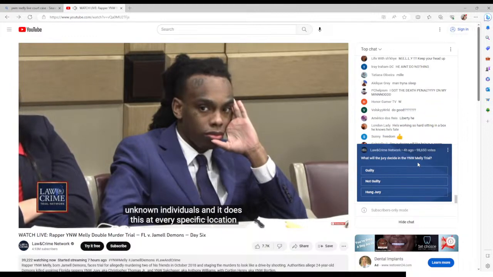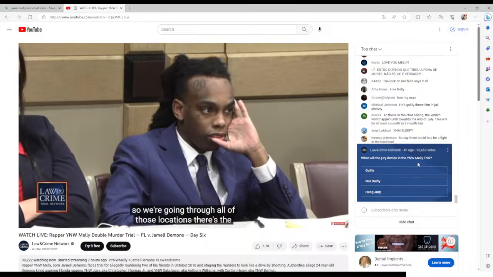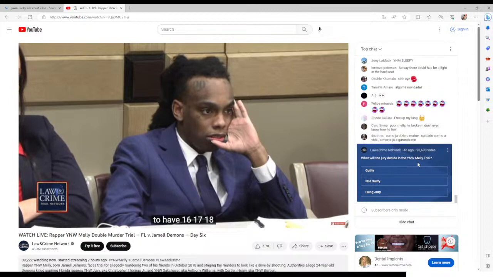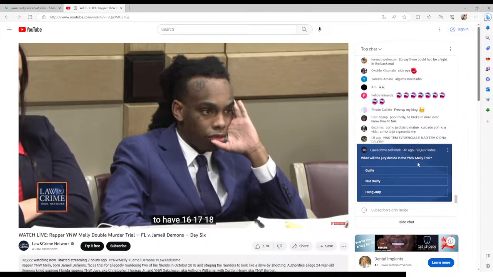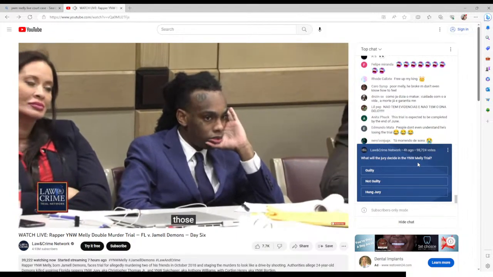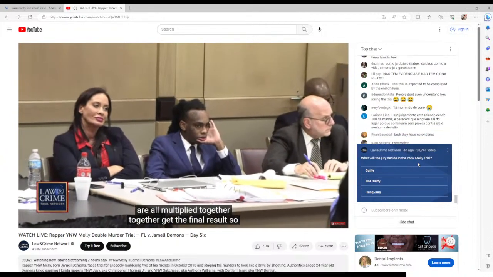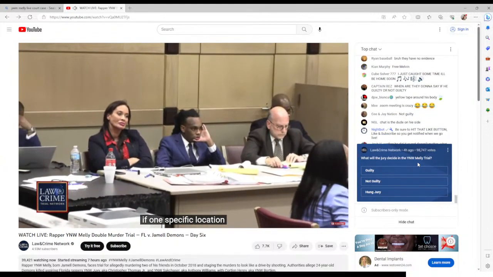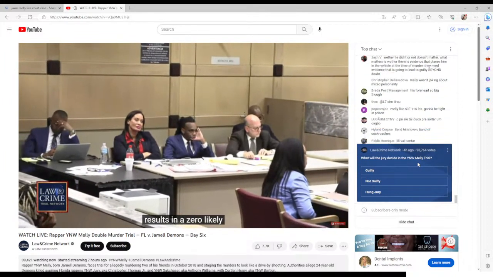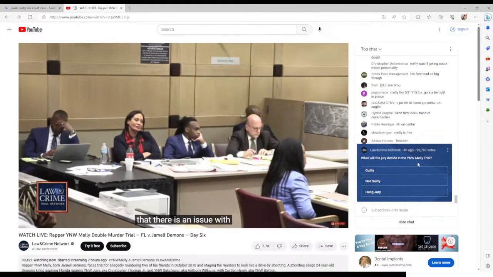And it does this at every specific location. So going through all of those locations, there's the potential to have 16, 17, 18 locus-specific likelihood ratios. And at the end of it, those are all multiplied together to get the final result. So if one specific location results in a 0 likelihood ratio, but everything else is inclusionary, it's an indication that there's an issue with how the software was set up.